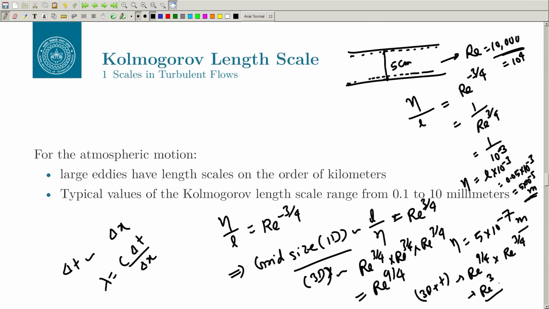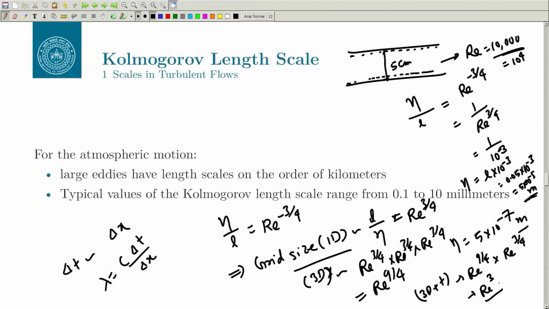So, as you increase the Reynolds number, the range of scales increases, and that is why your grid size increases, because you want to resolve all kinds of scales. That is why DNS in a practical situation is very difficult. Only for very limited flows, let us say one example is turbine blade flow.